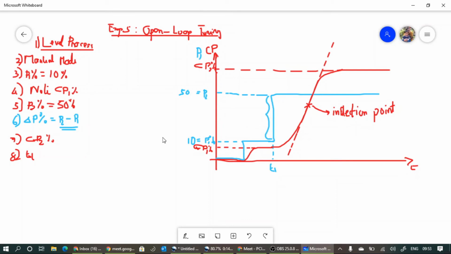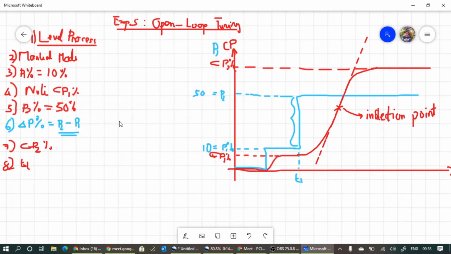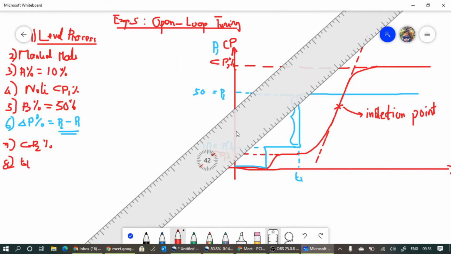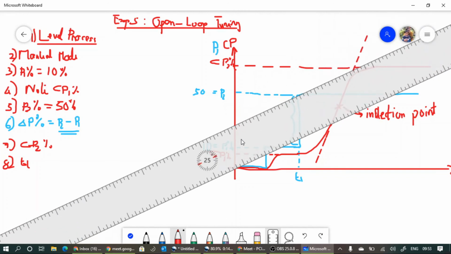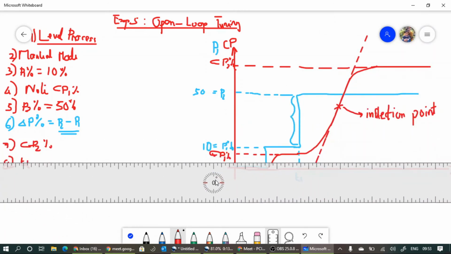So two more inflection points, that is, two more straight lines you have to draw. First one you have CP1, right? This is CP1.